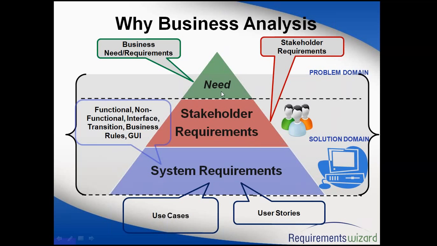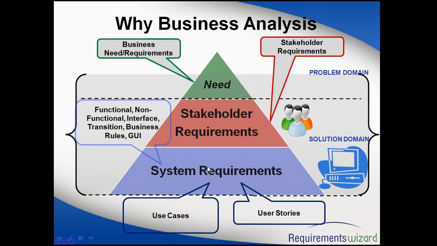So here you are trying to focus more on the root cause or the basic needs, what the business wants. Once you're done with this, you start looking at the stakeholder requirements, which are more specific. And once you're done with this, then you take a look at a system level.